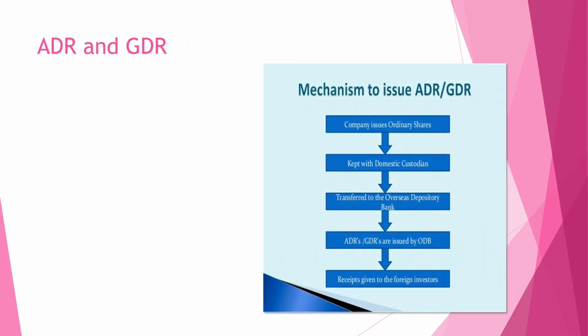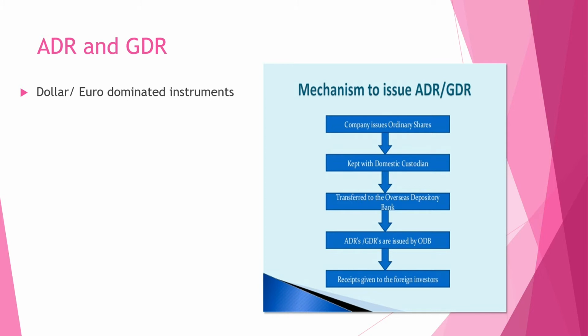Let us understand the mechanism that is used to issue ADR and GDR. ADR and GDR are dollar-denominated and euro-denominated instruments. That is, these instruments can be purchased or sold, that is transacted, only using dollars and euros.